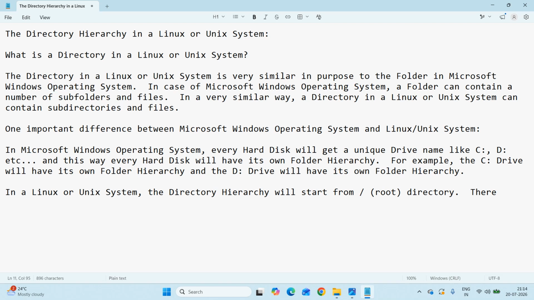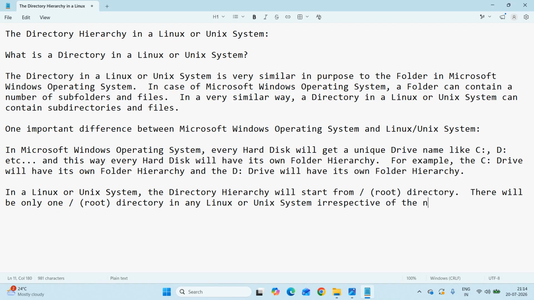In Linux and Unix systems, there will be only one root directory in any Linux or Unix system, irrespective of the number of hard disks in that system.